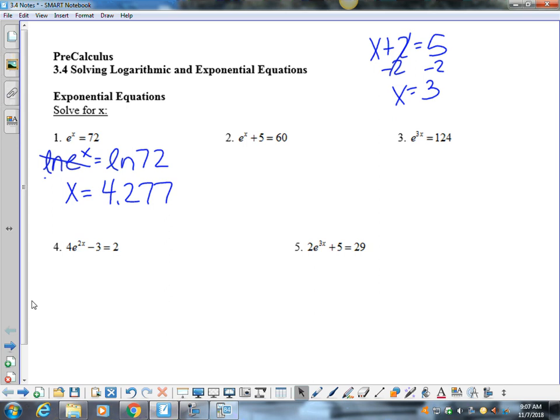Okay, now look at number 2. Do you pull the trigger on your ln, or do you need to clean first? You've got to clean. So everybody's going to subtract 5 from both sides. Just a little algebra maintenance. That is an exponential function with an e, so I'm going to ln it.